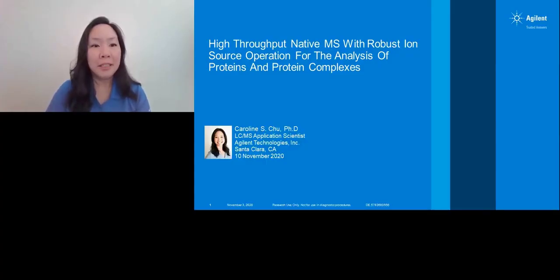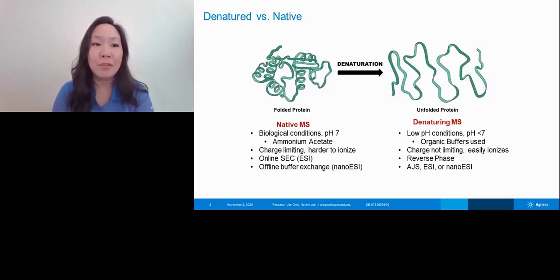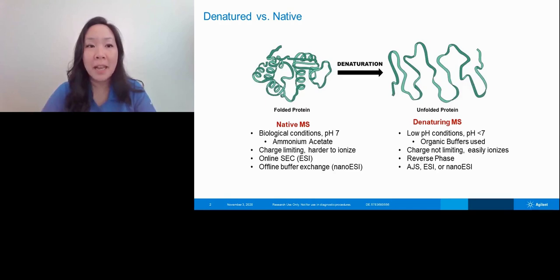Hi, thanks for joining me today as we talk a little bit about high throughput native MS with robust ion source operation for the analysis of proteins and protein complexes. As a refresher, for those that are not familiar with native mass spec, native mass spec is a little bit different from denaturing mass spec.